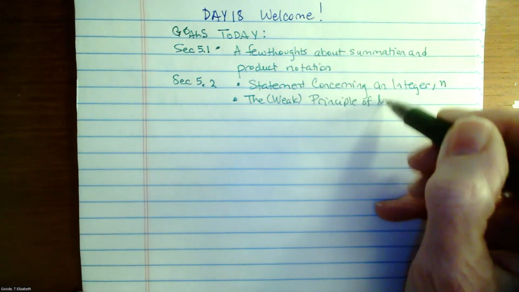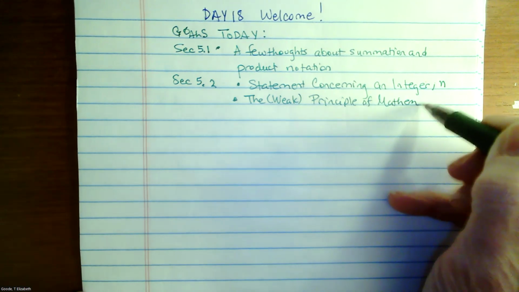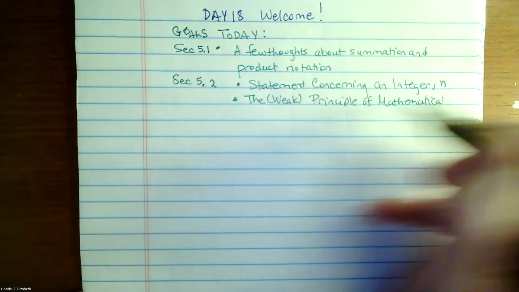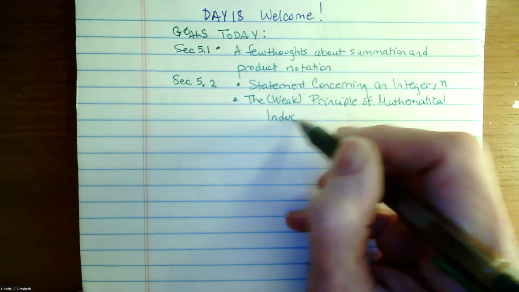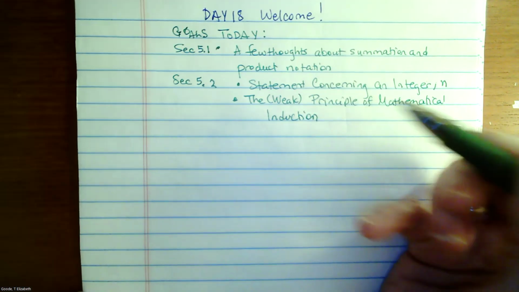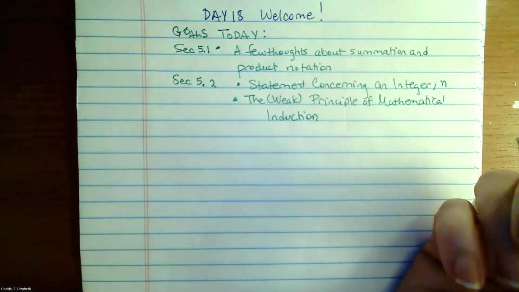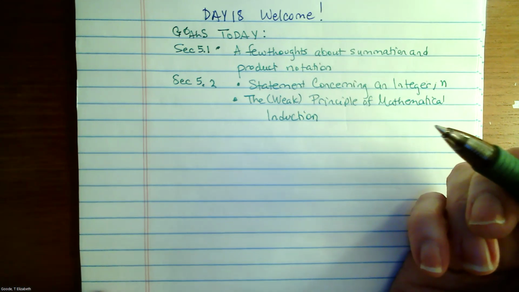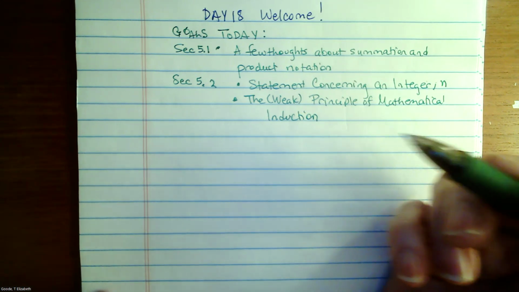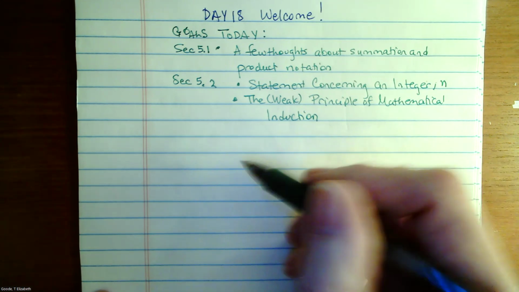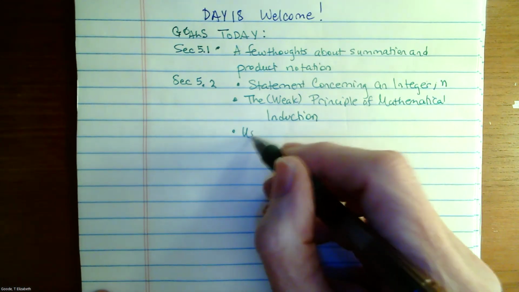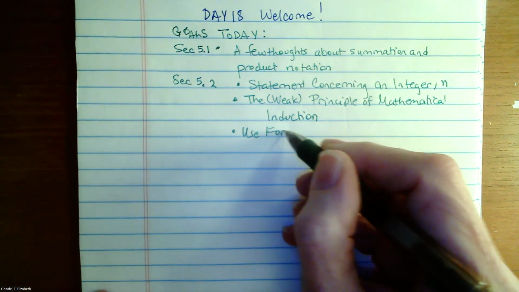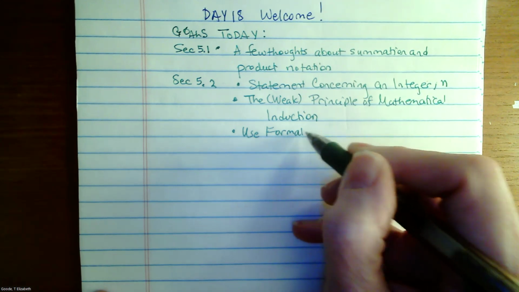It's sort of a misnomer because even though it's the weak principle of mathematical induction, it's just as powerful as the strong principle, just sometimes less convenient for certain kinds of statements that we want to prove. Then we're going to look at useful formulas.